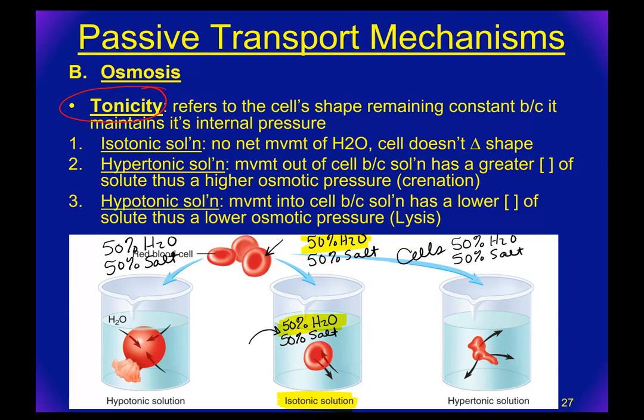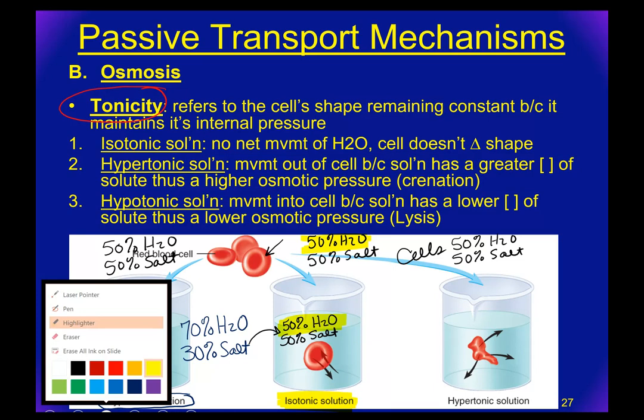So let's talk about a hypotonic solution, okay? In a hypotonic solution, you will have something like 70% water and 30% salt. Okay, again, made up numbers, but it gets the point across.